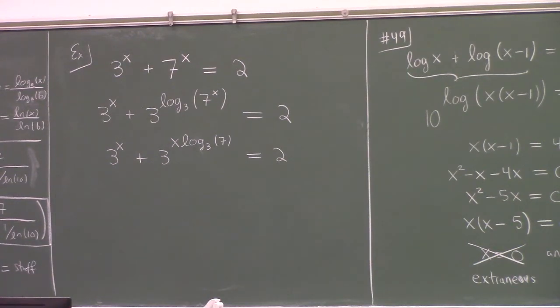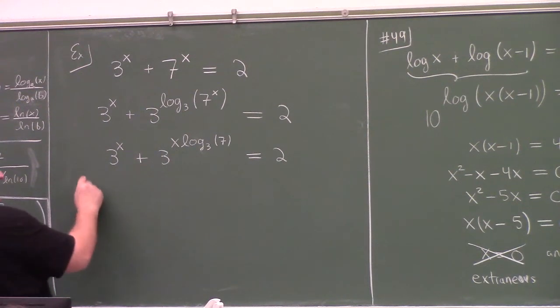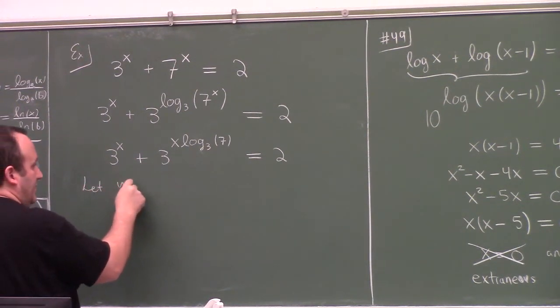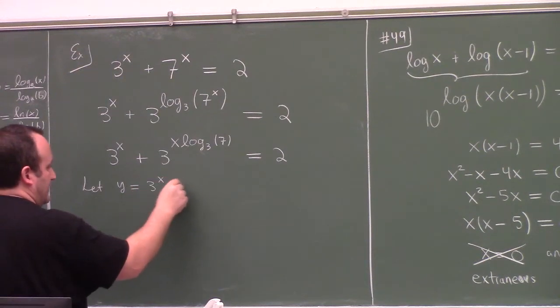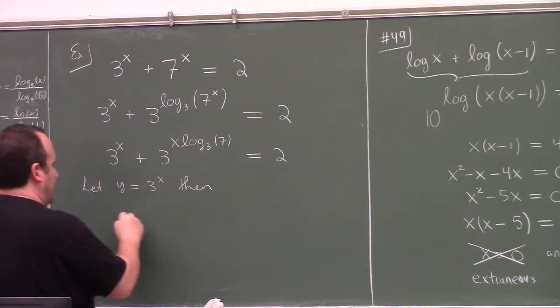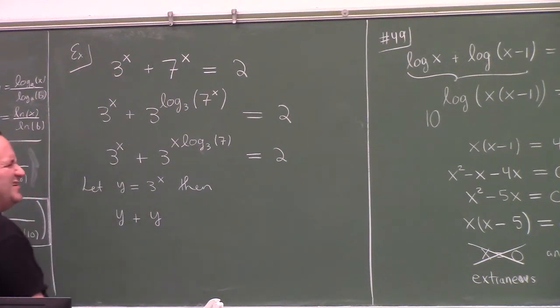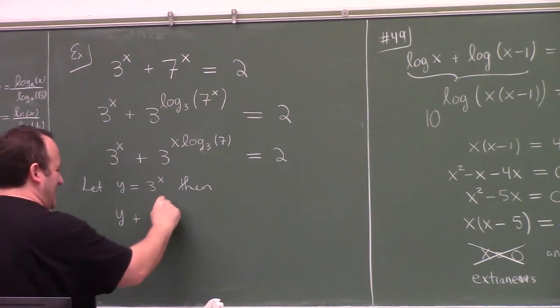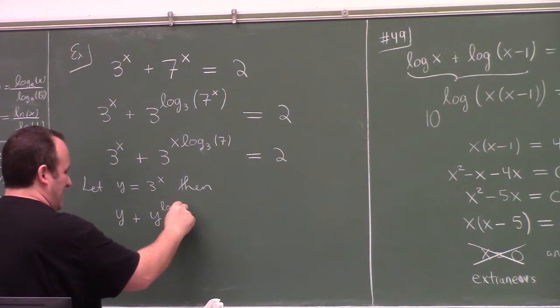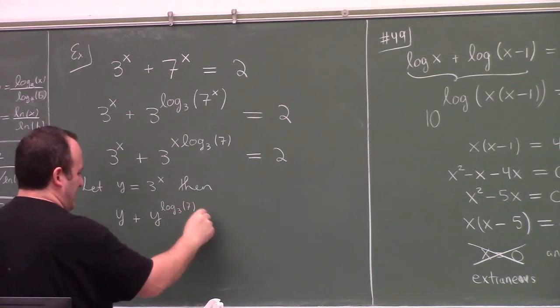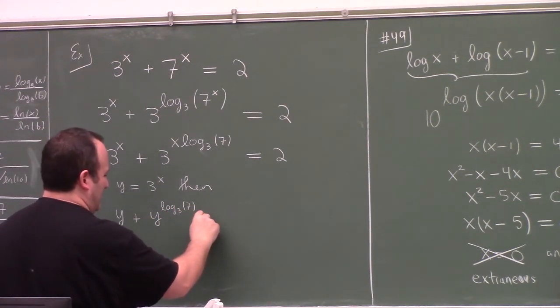And it's still not nice. Because, well, let me just make a substitution, show you why it's not nice. If we let y equal 3 to the x, then what we're facing here is y plus y to the log base 3 of 7 equals 2.